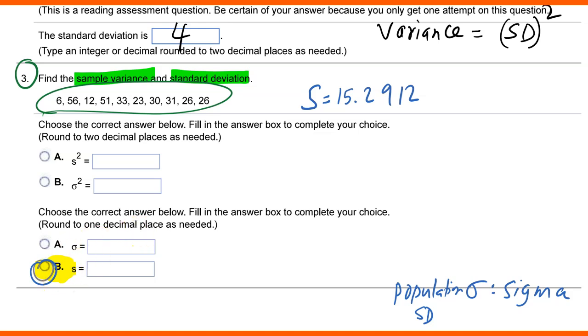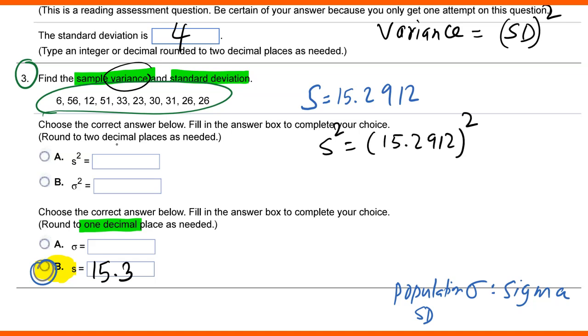And when you round it to 1 decimal place, your sample standard deviation is going to be 15.3. Remember that 15.2912 gives you 15.3. But when you find the variance you have to square that. Then when you do s squared, that means the square of 15.2912.